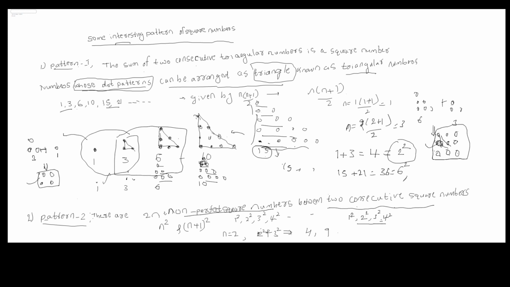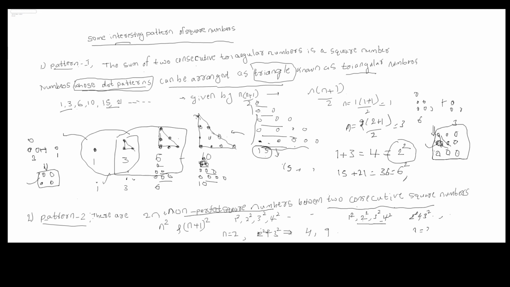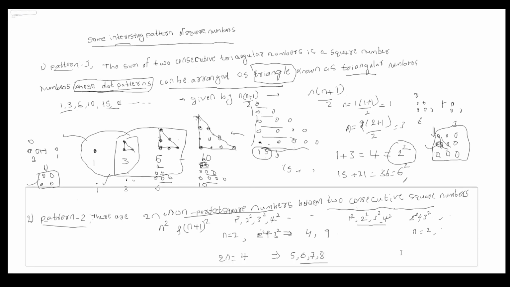Now, if I take 2 square and 3 square, that is n is equal to 2 here.